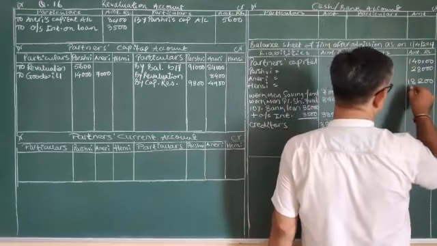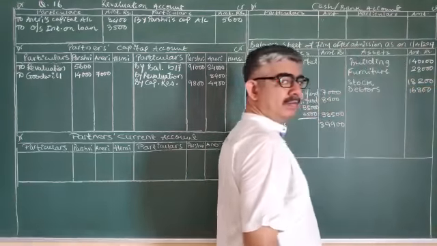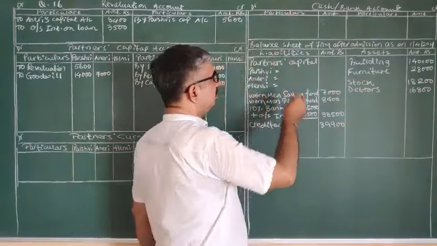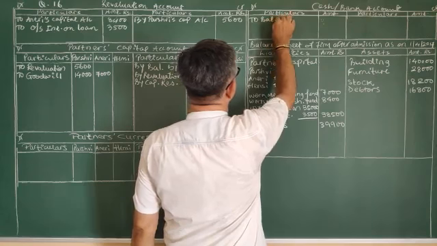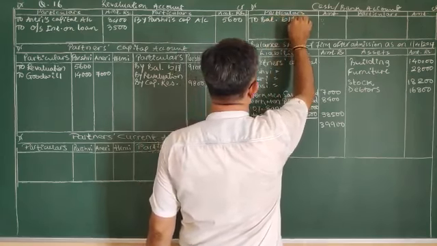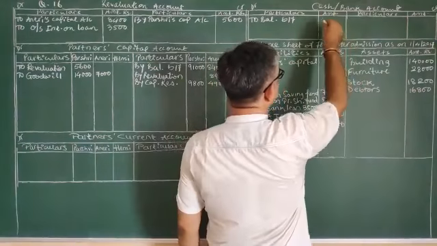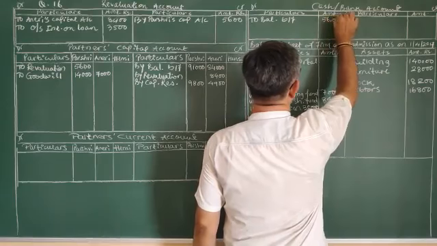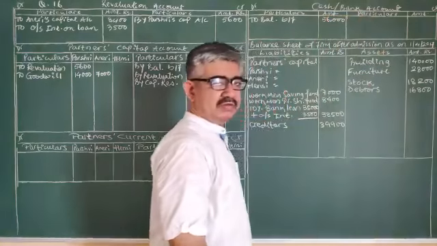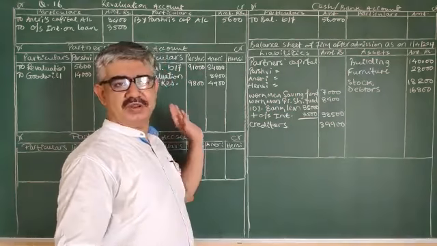Cash to balance brought forward 56,000. Okay, from the asset side, only goodwill is to be distributed.